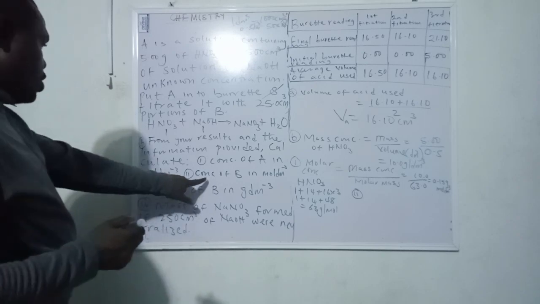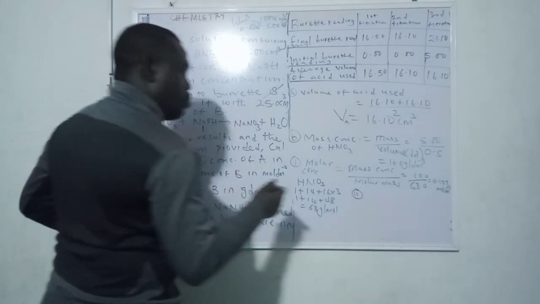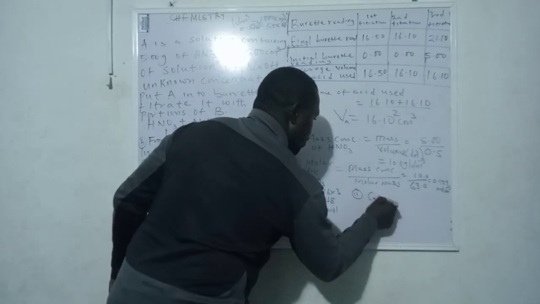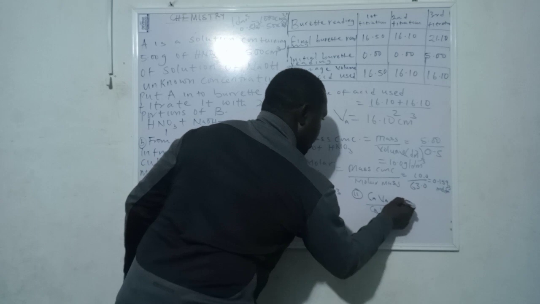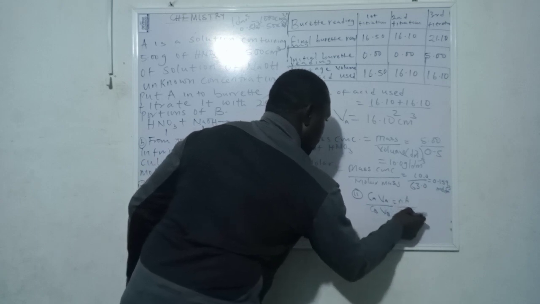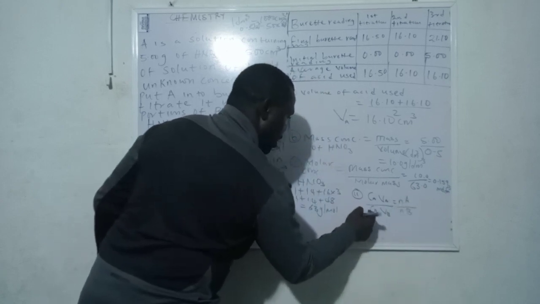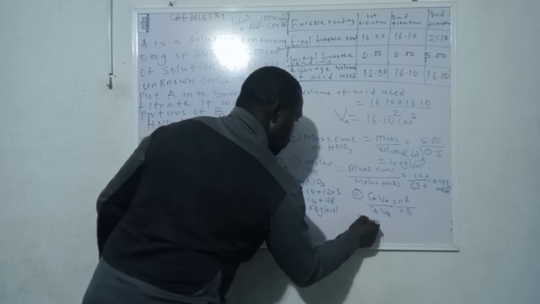So we come to the second part of the question. The second part of the question is the concentration of the base in mole per dm³, and we could now use our favorite formula. You're familiar with this, every student is familiar with this. Now, make Cb the subject of the formula.